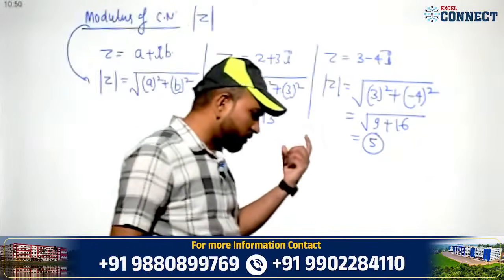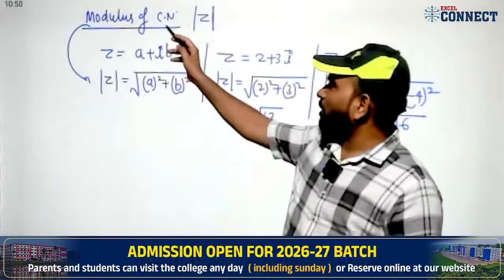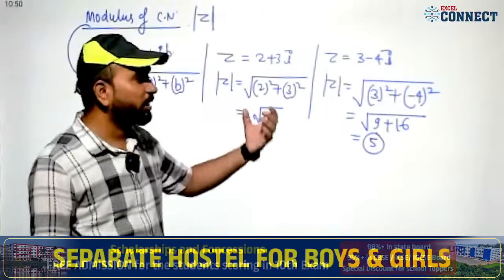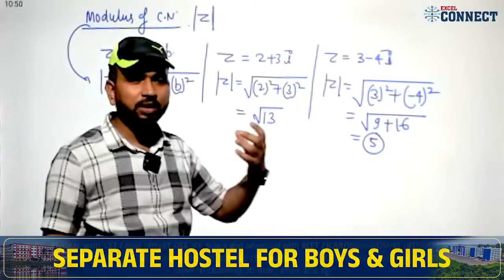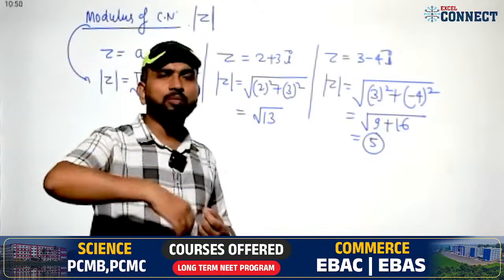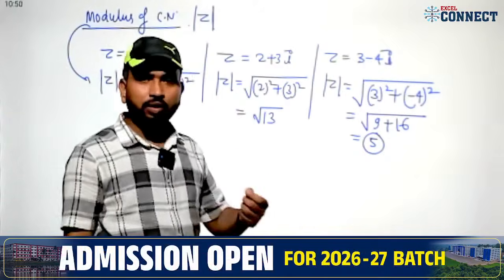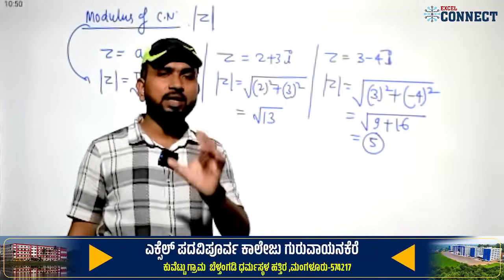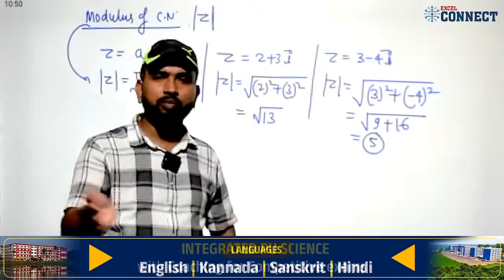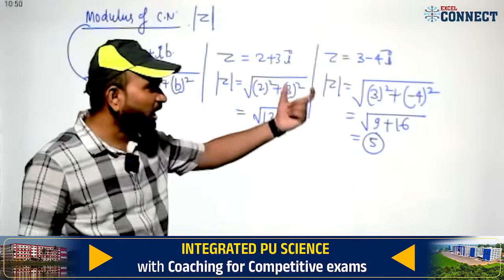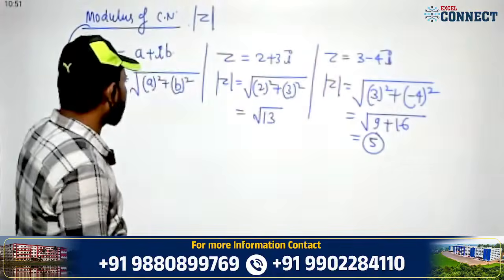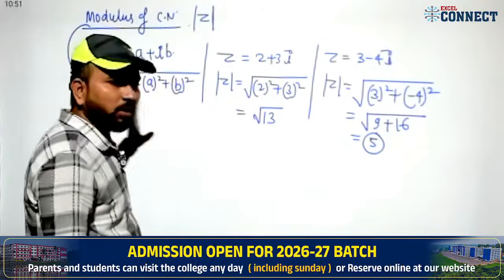Right now you only understand the formula of the modulus, because what modulus actually represents I will discuss in detail in the full chapter. Actually it represents the magnitude of this complex number, the distance of this point from the origin. That physical interpretation I will discuss in the detailed chapter, because it requires understanding of the complex plane and how we draw it. But if you sometimes see a numerical on modulus Z, just use this one formula, under root of A square plus B square.